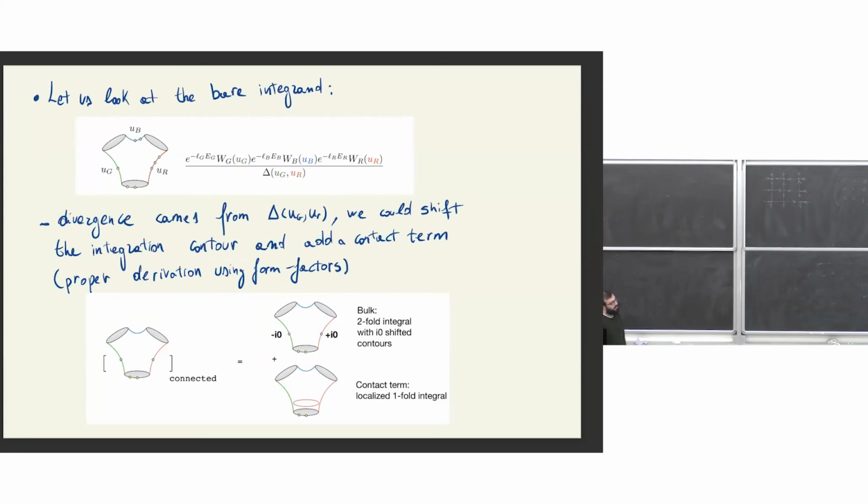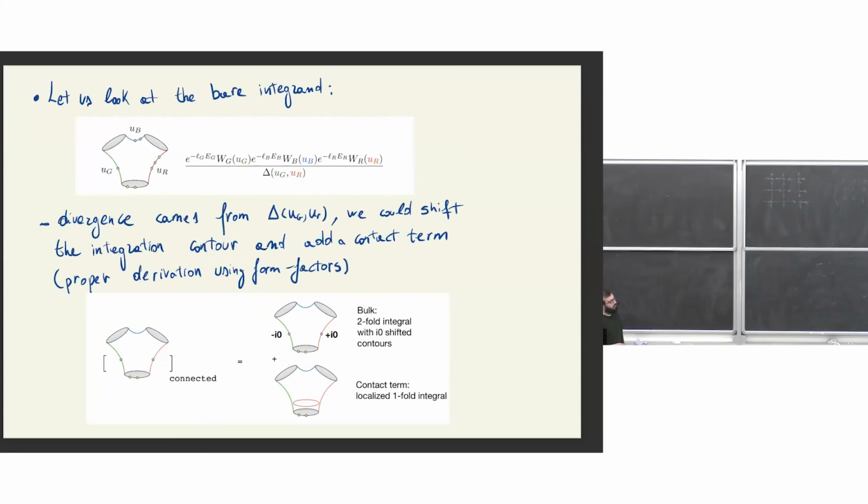You need to add some delta function that studies exactly what happens when U and G are the same, and you can modify your integrand accordingly, and then you have this localized one-fold term. So this is one integration less, a delta function at the two rapidities being the same, and with these two you're able to construct something which is finite and gives the correct prescription, so it matches perturbative data.